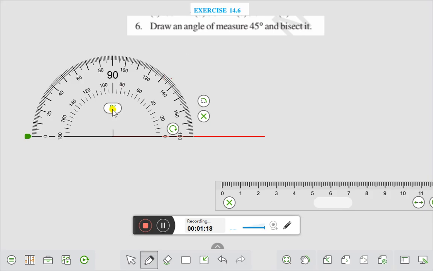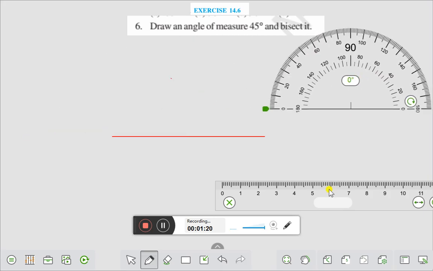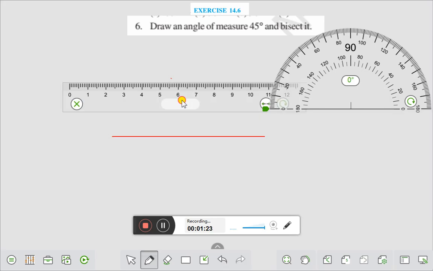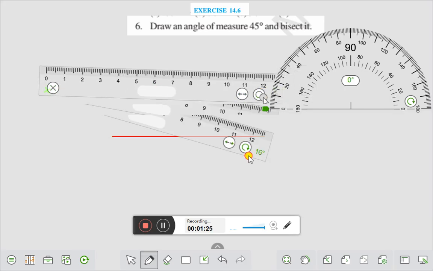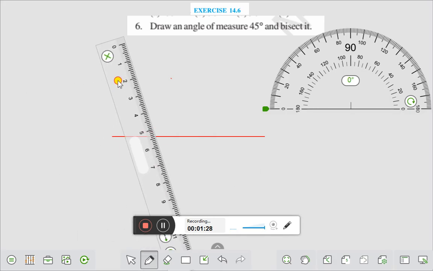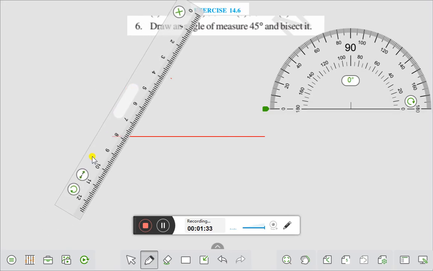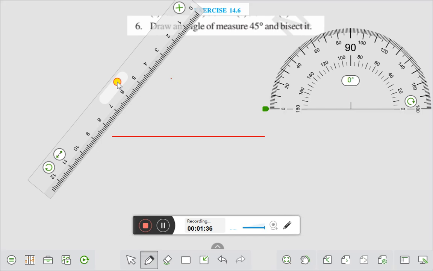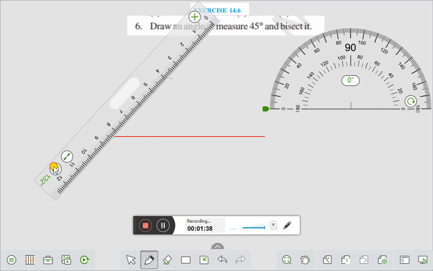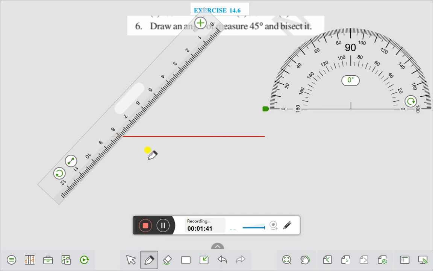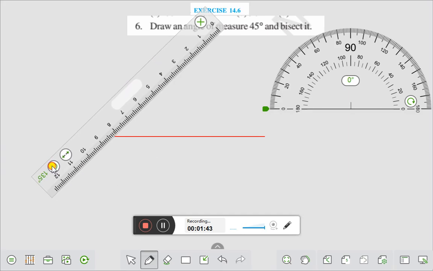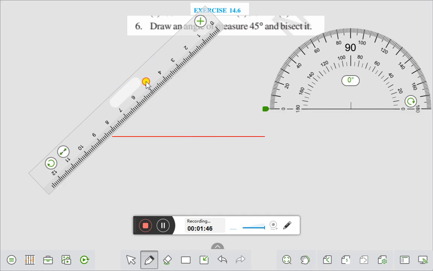Now let us draw the angle. Let us draw this angle of 45 degrees.